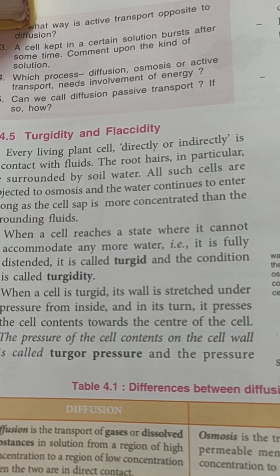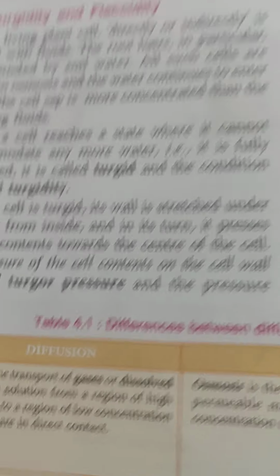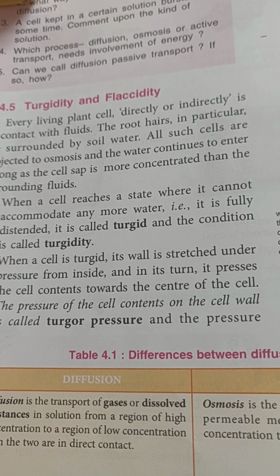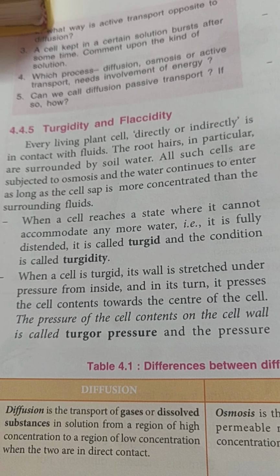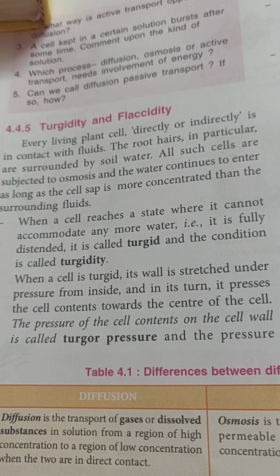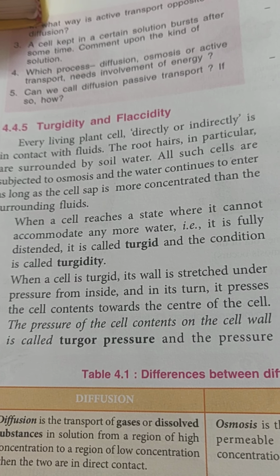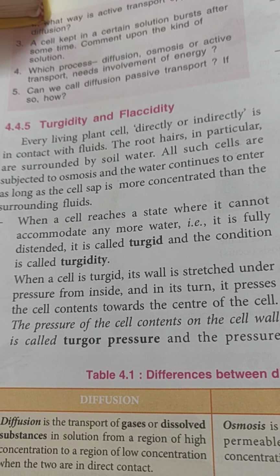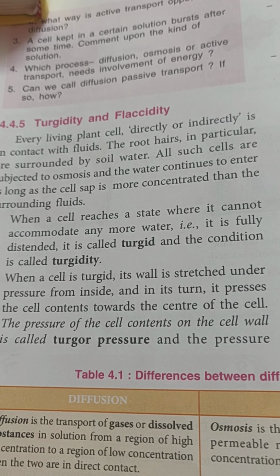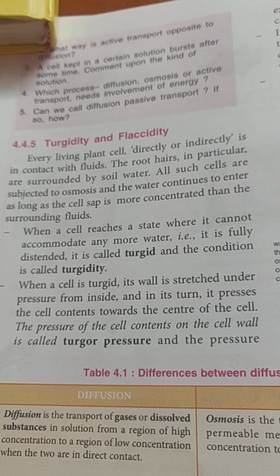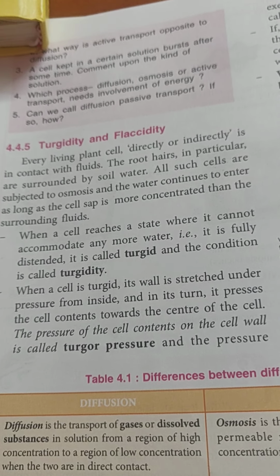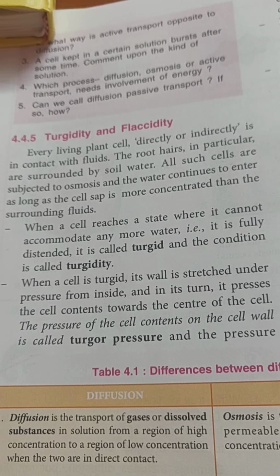Because the water is pushing from inside the cell, it presses the cell contents towards the center of the cell. I'll repeat this: when a cell is turgid, its wall is stretched under the pressure from inside, and as a reaction to that, it presses the cell contents towards the center of the cell.